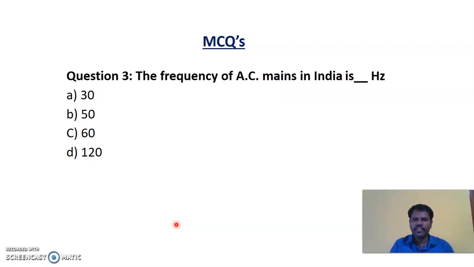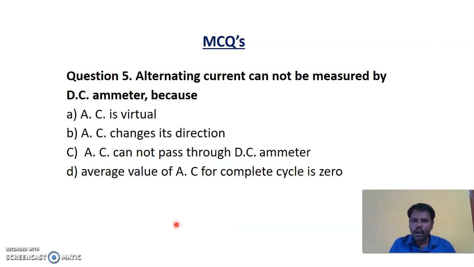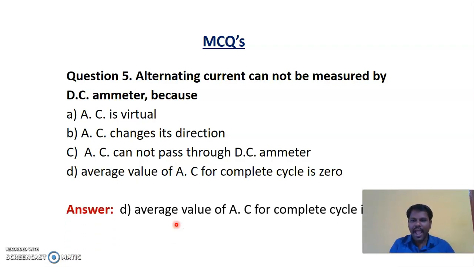The frequency of AC mains in India is 50 Hz. The alternating currents can be measured by a hot wire ammeter. Alternating current cannot be measured by a DC ammeter because the average value of AC over a complete cycle is 0.